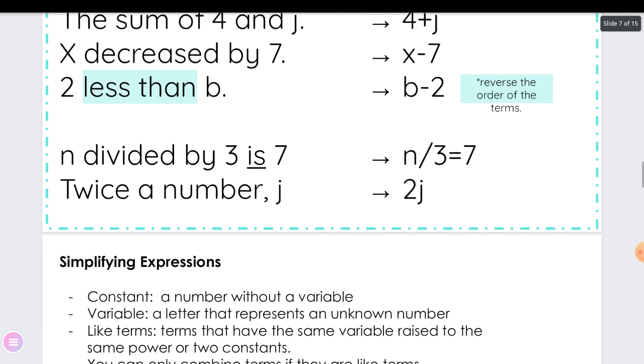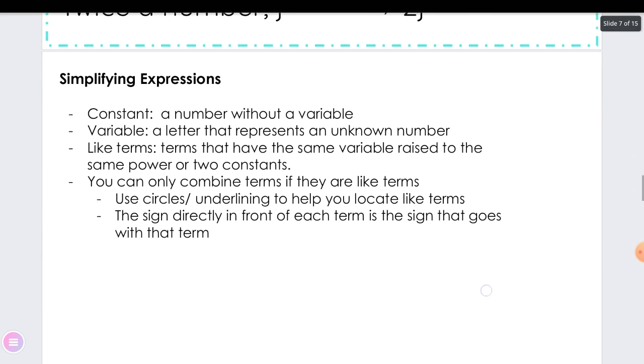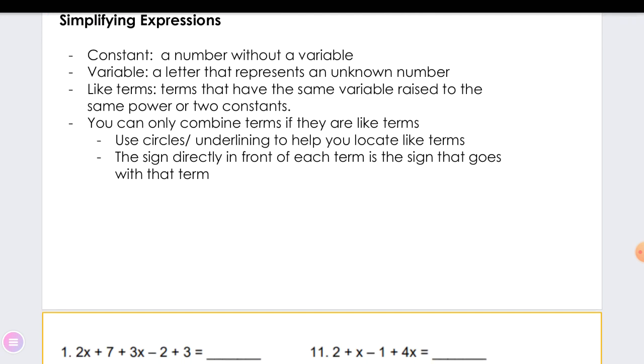Okay, the next slide gives us a ton of information. As we're going through it, we're going to apply it to a big expression. So I want you to copy down this expression.